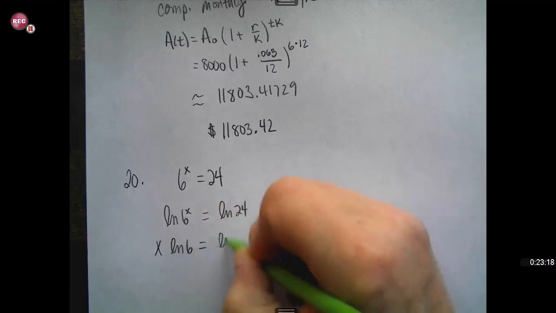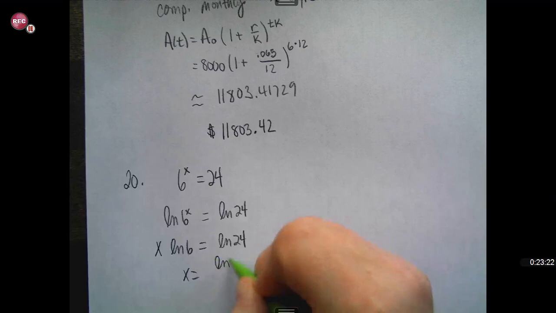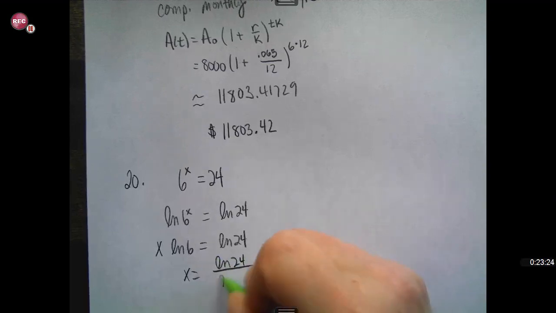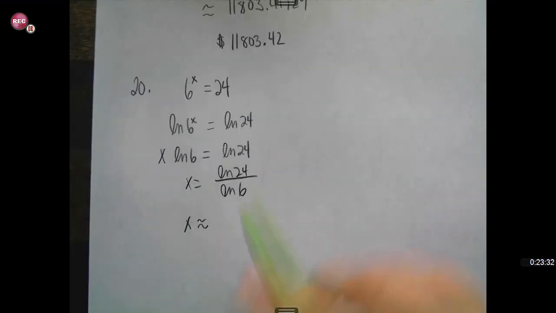And so x is the natural log of 24 over the natural log of 6. And there is no way of simplifying that. Okay, we've talked about that in class. This cannot be simplified.